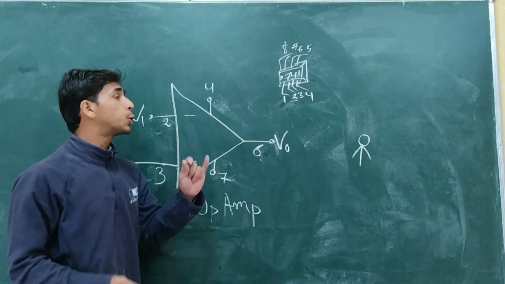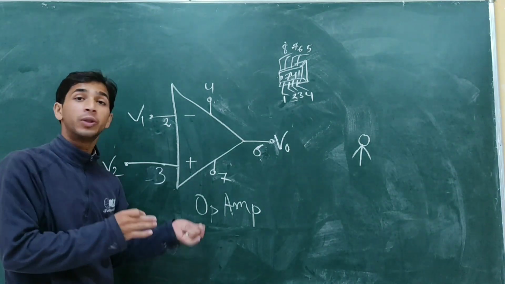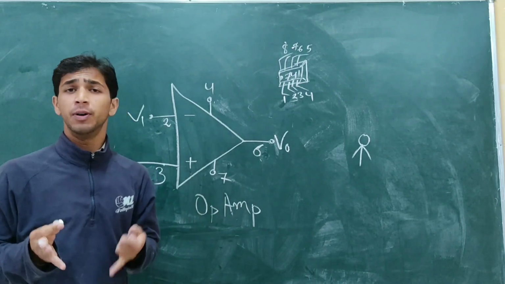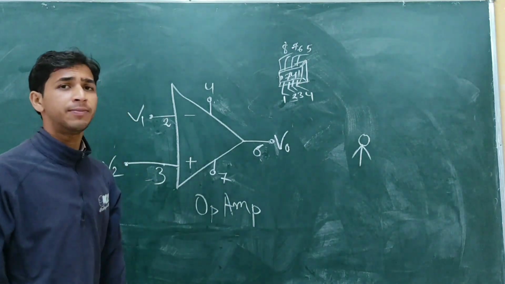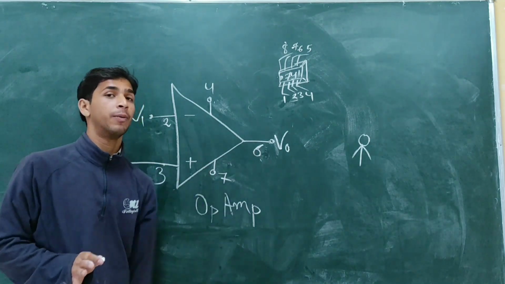So at first, to activate an IC, we have to give some power to that IC. In general, that will be positive 12 volt or positive 15 volt, and negative 15 volt and negative 12 volt.